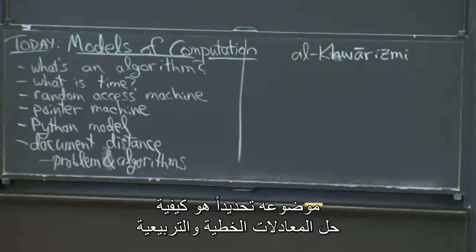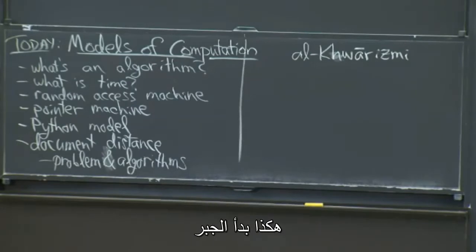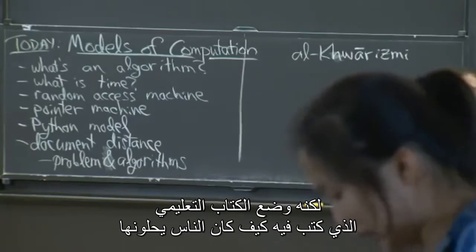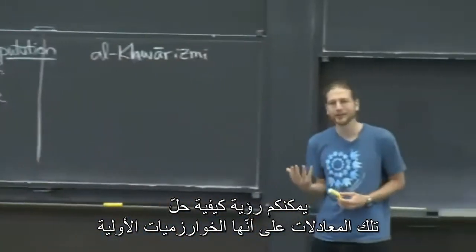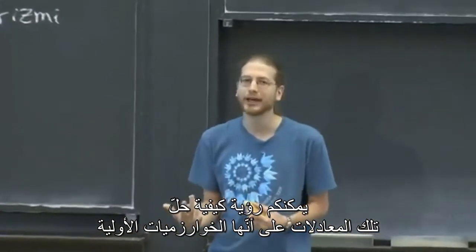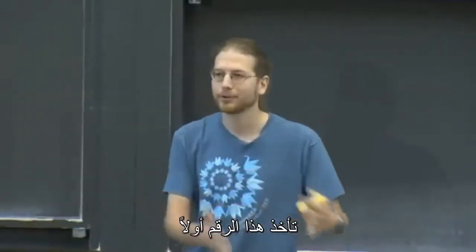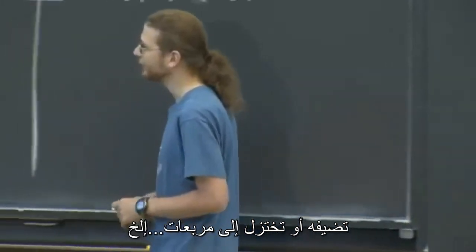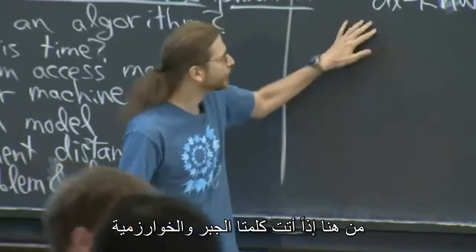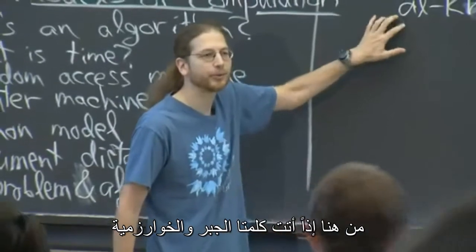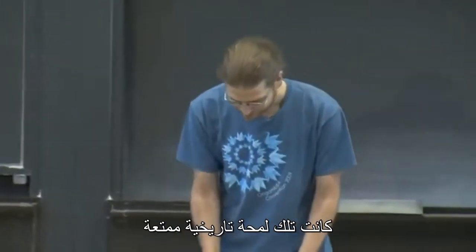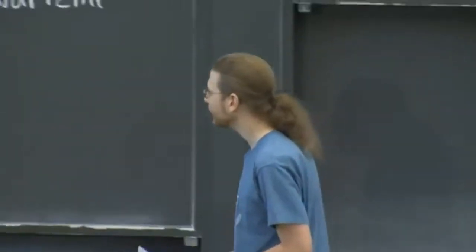It was in particular about how to solve linear and quadratic equations, so the beginning of algebra. I don't think he invented those techniques, but he was sort of the textbook writer who wrote how people solve them. You can think of how to solve those equations as early algorithms. First, you take this number, you multiply by this, you add it, or you reduce to squares, whatever. So that's where the word algebra comes from, and also where the word algorithm comes from. There aren't very many words with these roots. So there you go, some fun history.